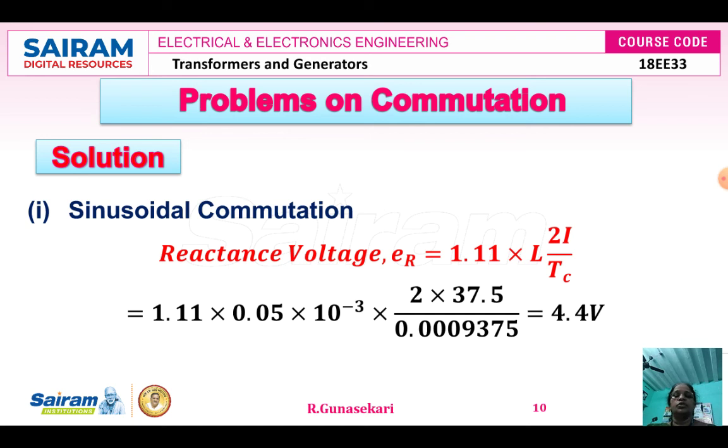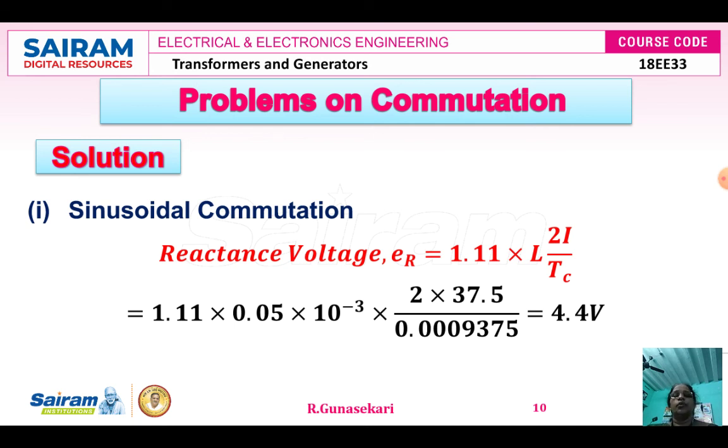Now you can substitute all the values in the formula. Reactance voltage ER equal to 1.11 into 0.05 into 10 to the power minus 3 into 2 into 37.5 divided by 0.000937. Therefore 4.4 volt is the reactance voltage ER for sinusoidal commutation.